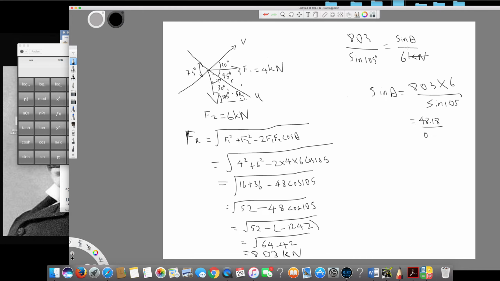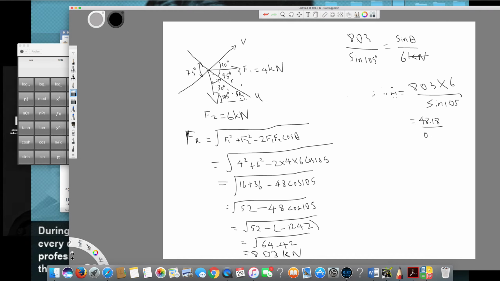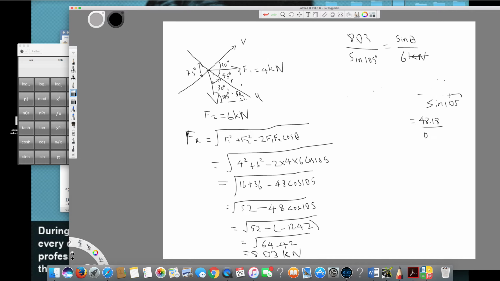Wait. Actually, we made a mistake right here. If we write the sine on the bottom on one side, the sine on the other side should also be on the bottom, and only then will the sine law work, right? We have to be careful.